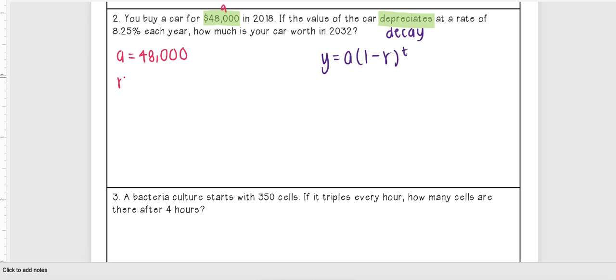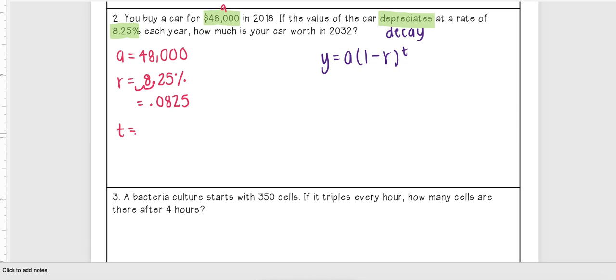Now I need to figure out my rate, and I see it's a depreciating rate of 8.25%. Again, I need to change that to a decimal, so I'm going to take this decimal point and move it backwards 2. And so I really get 0.0825.